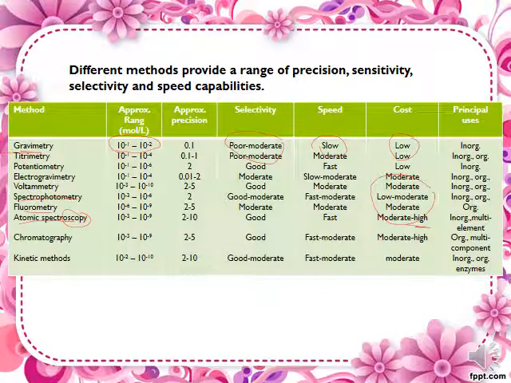Of course, when we use high-end instruments, the speed is rather fast, moderate to fast. And if you look at the range of detection, it can also detect a rather small concentration of sample, and of course the precision is rather good.